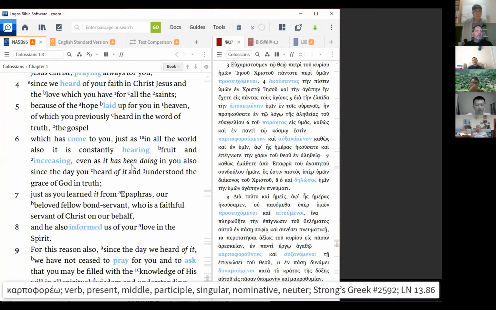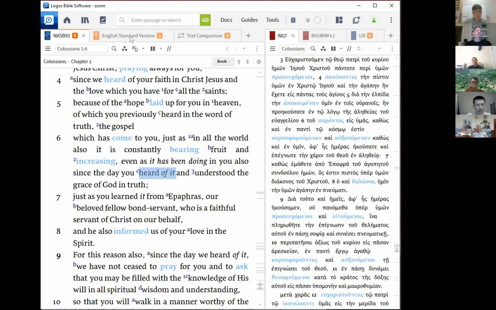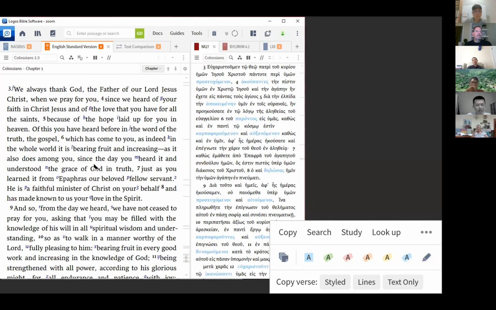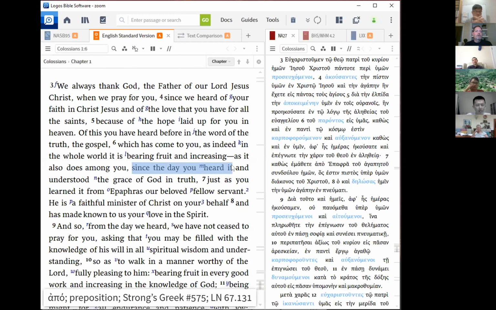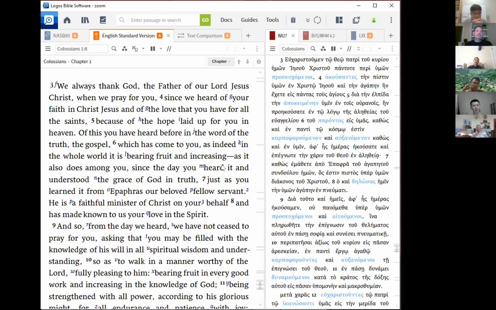Okay, so the New American Standard has "the day you heard of it." Let's see what the ESV did. Verse 6. Notice, "since the day you heard it." There's no "heard of." You see that? What I've noticed is the ESV does not use these English idioms, these prepositional verbs.